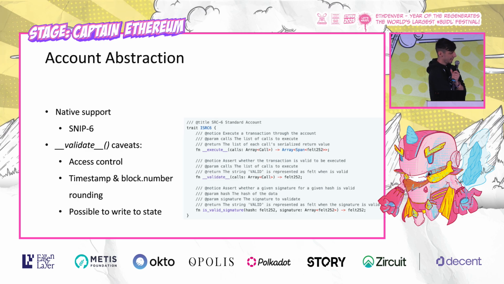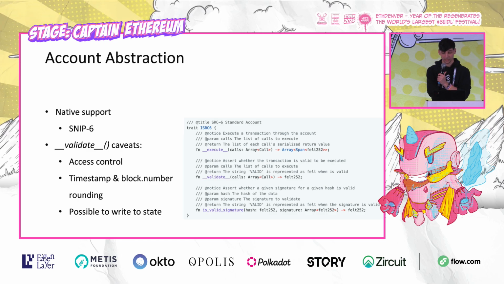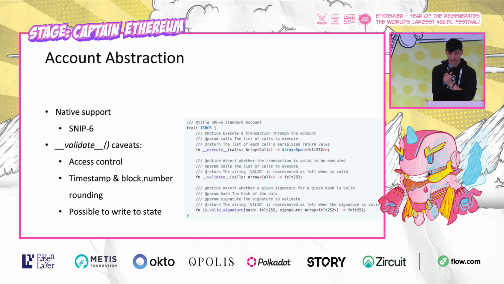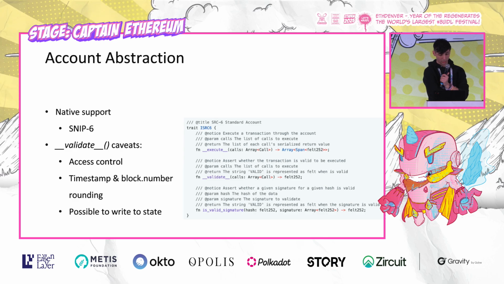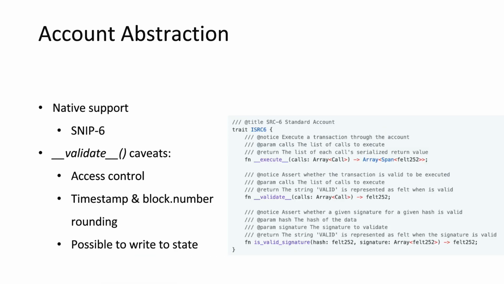Account abstraction is also natively supported on StarkNet through StarkNet Improvement Proposal 6.